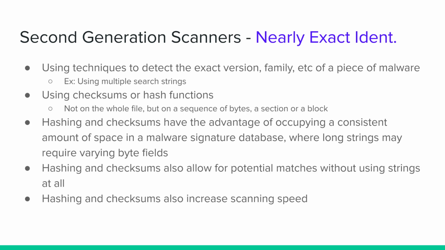There are times where, not for regular users, but malware analysts might want to be able to uniquely identify a sample. When I say uniquely, I mean, say we've got a strain of ransomware that belongs to a particular family, and there's lots of subvariants and versions of it. For a regular user, they don't really care.